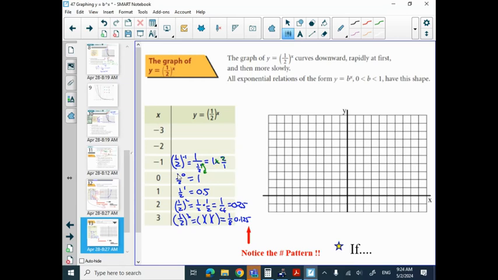I'll do it in green just to show what I did. That gives us a 2, and so on. This one is 1/2 to the power of -2, which is 1 over (1/2) squared, which is 1 over 1/4, which is 4/1 times that. So it gives us a 4 answer.